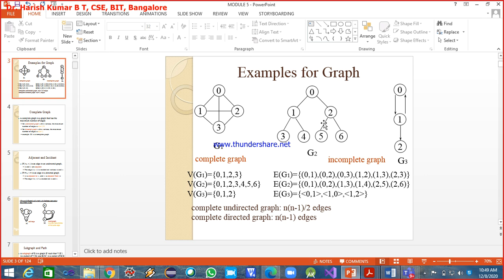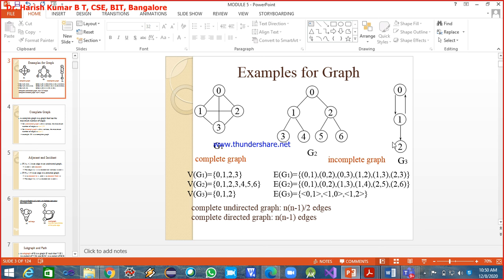because you can find a path between every pair of distinct vertices. No doubt this is an incomplete graph, not a complete graph, and it's a directed graph. Now you check and tell me whether this is a connected graph.